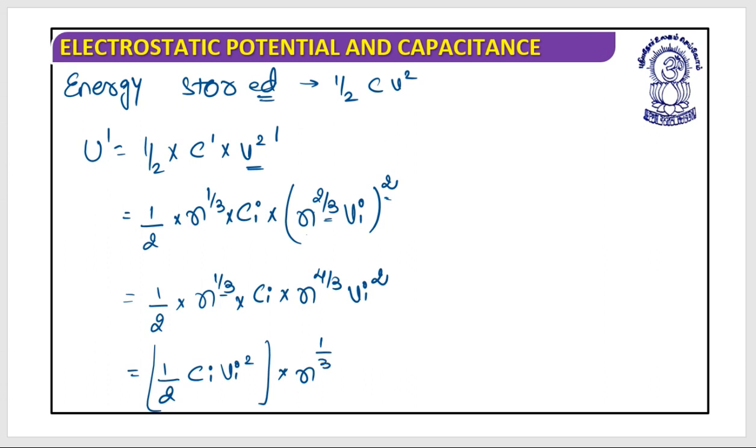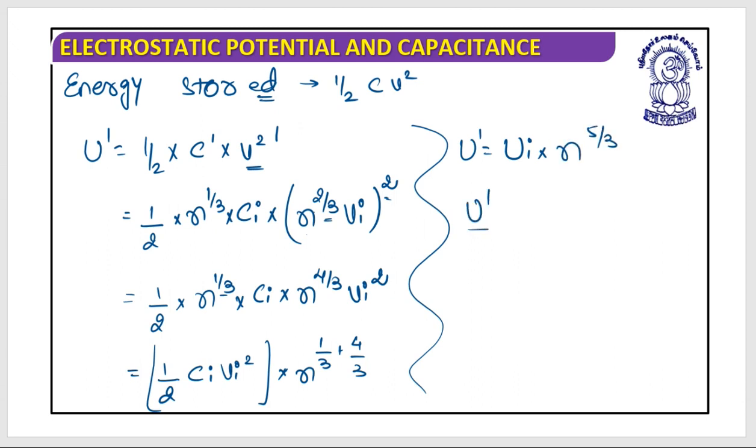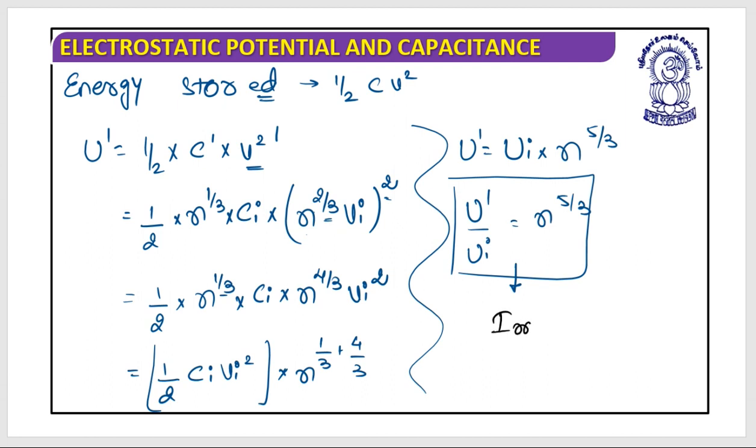It's n to the power 1/3 plus 4/3. So what I can write is U dash should be equal to initial energy Ui multiplied by n to the power 5/3. So U dash by Ui equals n to the power 5/3. Yes, all these relations are very important, and you must remember them.